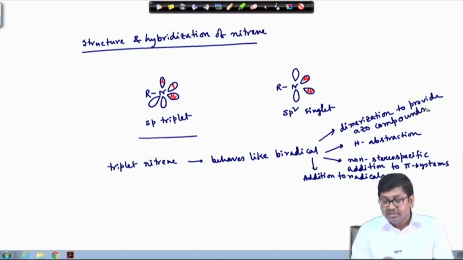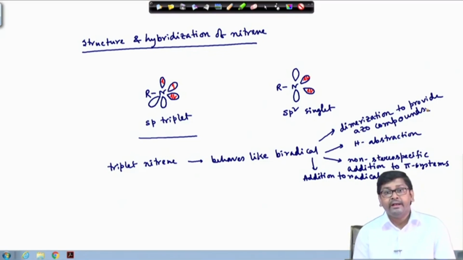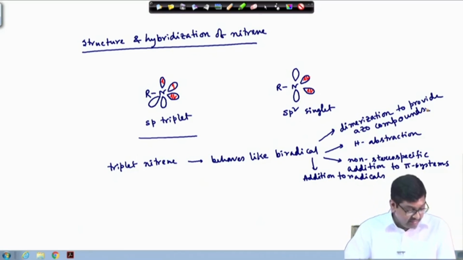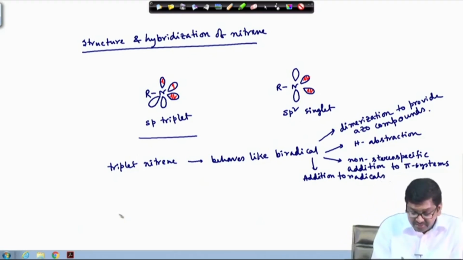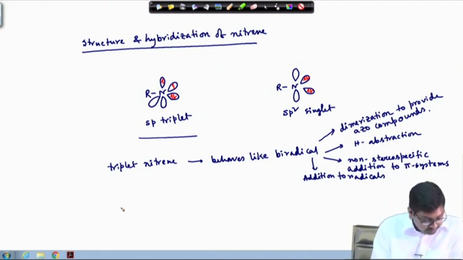So, these different types of reactions are possible with the triplet nitrene. And we have seen that this is working in a similar fashion like carbene. Now, singlet nitrene, what kind of reactions do they undergo?